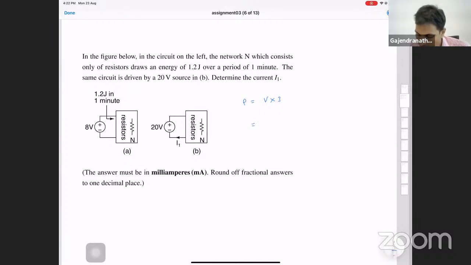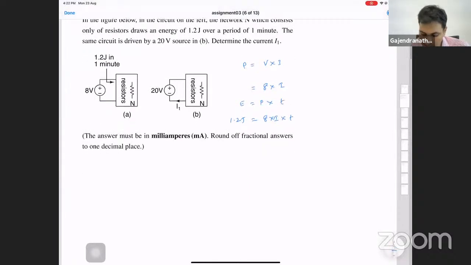Now the voltage applied is 8 volts and the current we do not know, right? We don't know the network, but we know that the energy in the network is 1.2 joules. So the energy is defined as power multiplied by the time t. So the energy is 1.2 joules and the power is 8 times I times t.